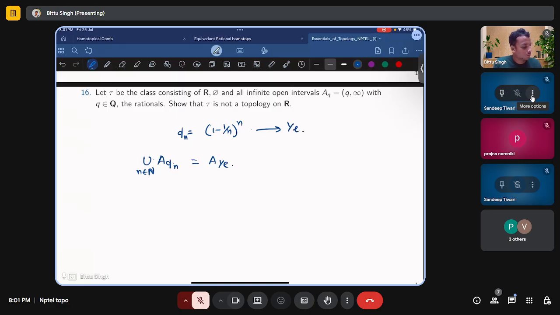Just see the picture. If n equals 1, then we get 0 to infinity. Oh, sorry, I am making some mistake. It is not union. I need to take (1 plus 1 by n)^n, which converges to e.